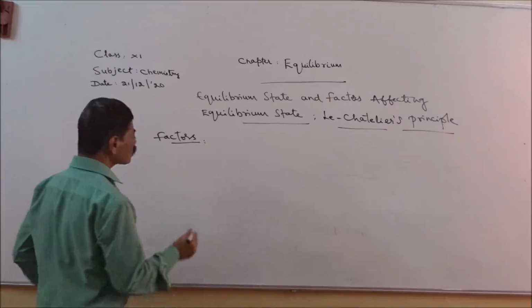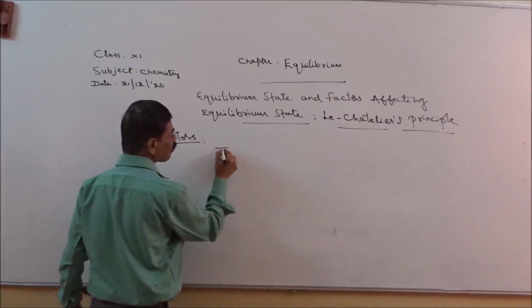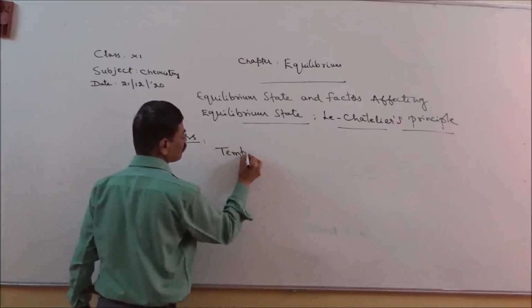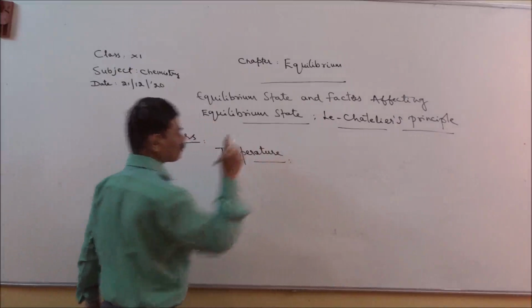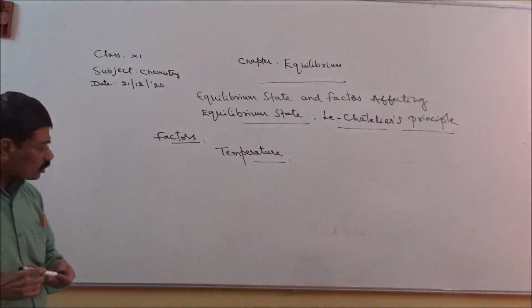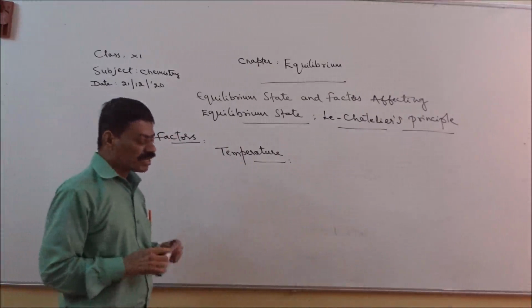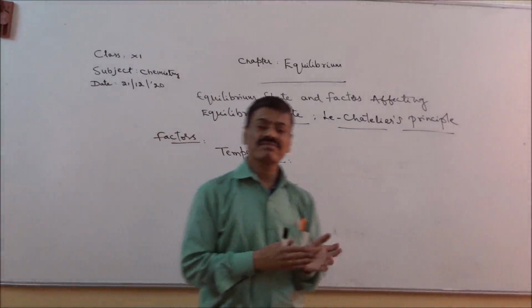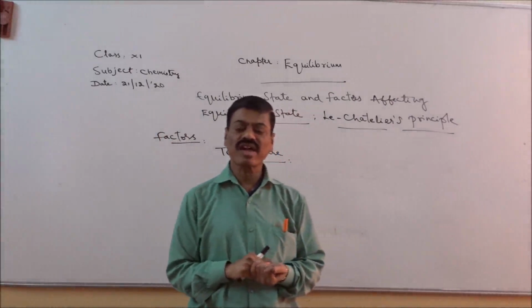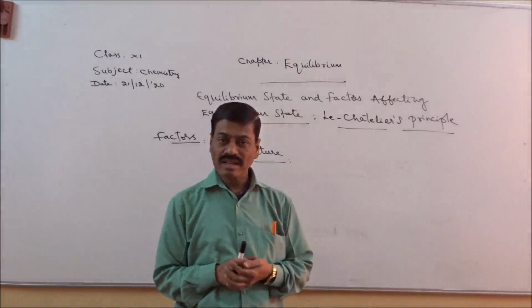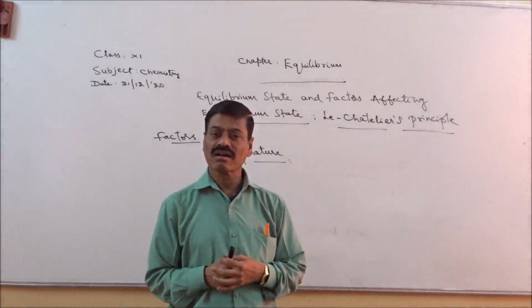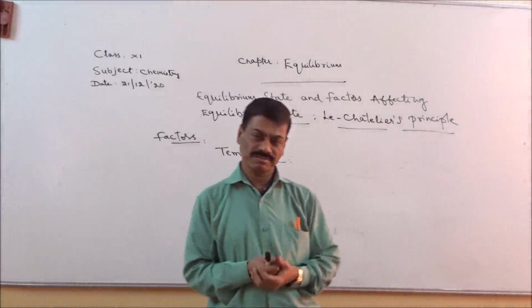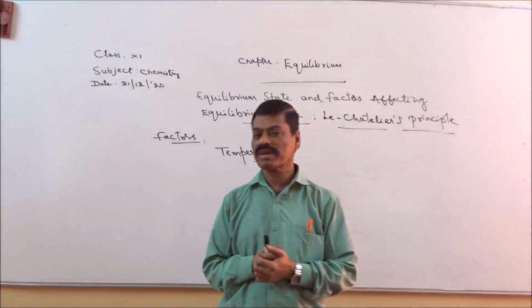Now we will move to the third factor, that is temperature. Before starting temperature, let me tell the nature of the reactions. There are 2 types of reactions which occur either by releasing energy, called exothermic, or by absorbing energy, called endothermic.